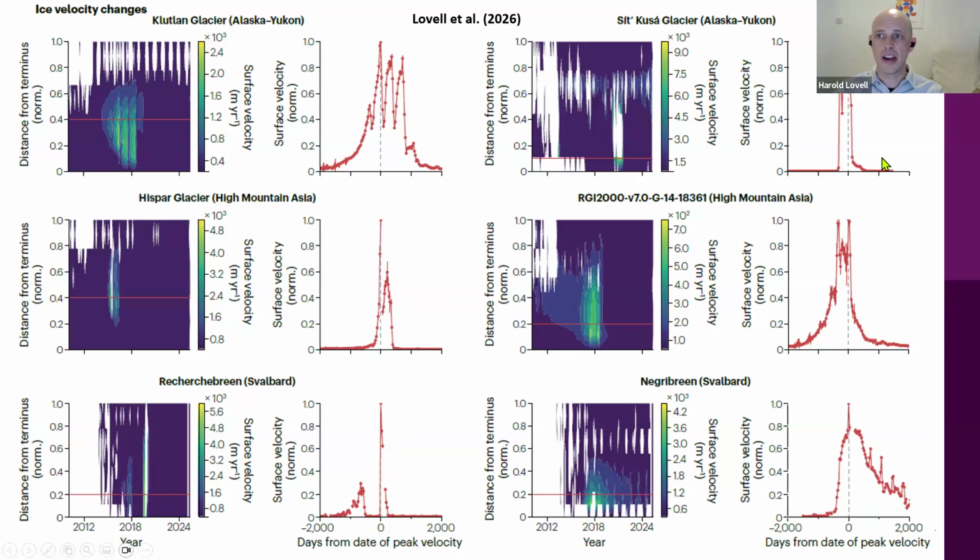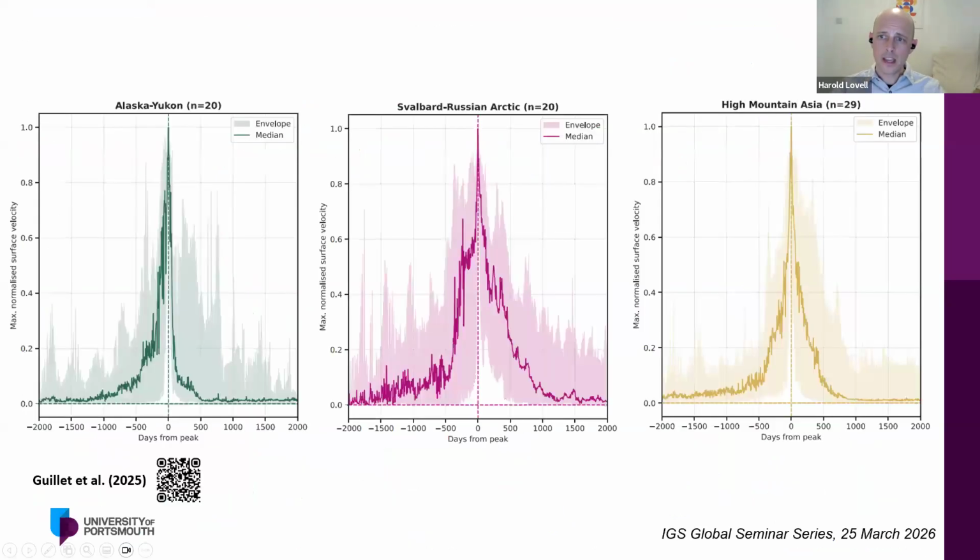Some surges start and end very abruptly, some have really big lead up times, and then have various pulses of kind of increased flow. Some, like Negribreen, start relatively abruptly and then seem to take many years of generally step-like deceleration. So huge amount of variety we're seeing there.